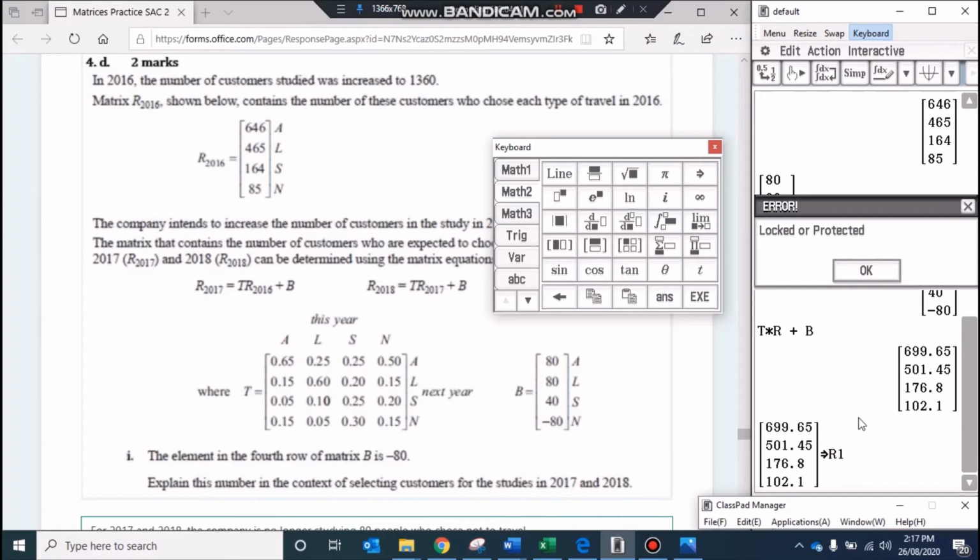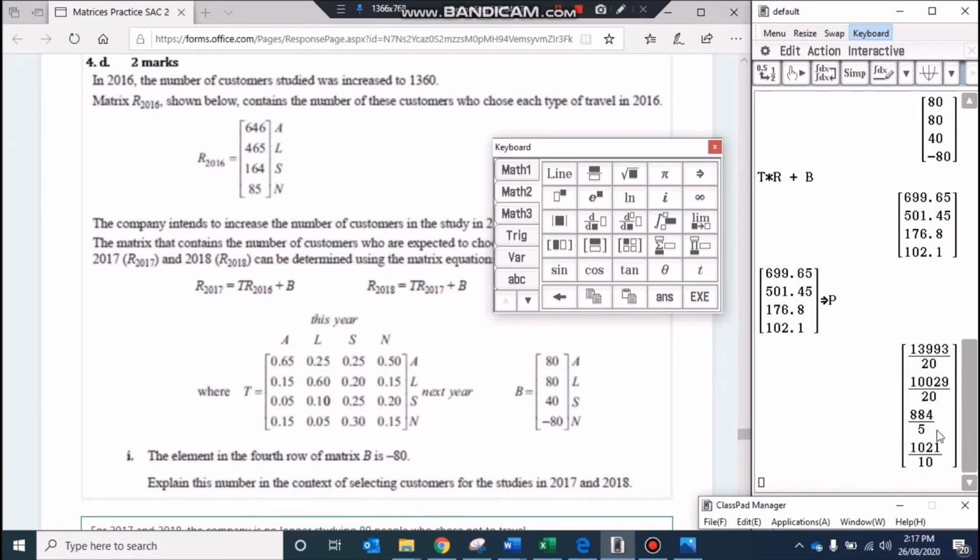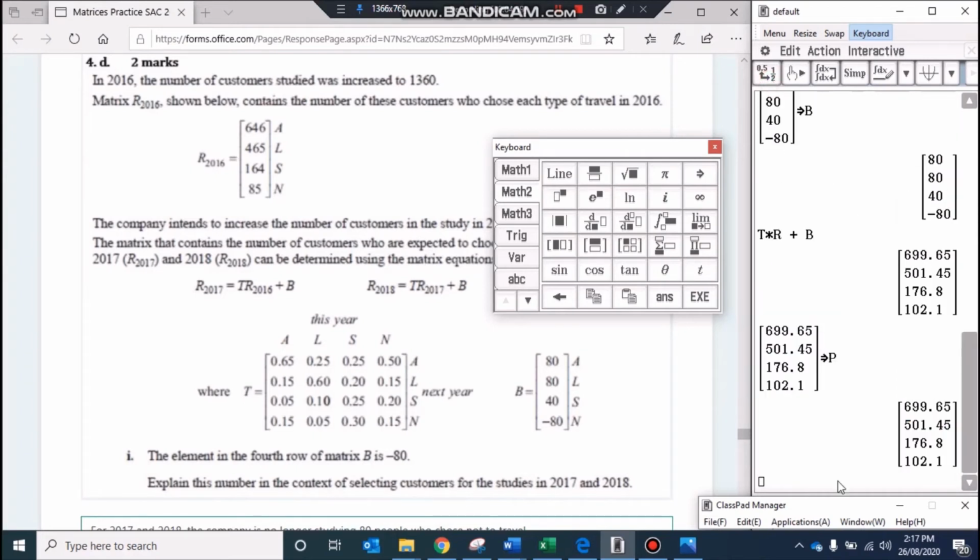R1. No, it doesn't like it for some reason. Maybe instead of R, what can I call it? Maybe just P, just something random. So I'm going to define that as P.